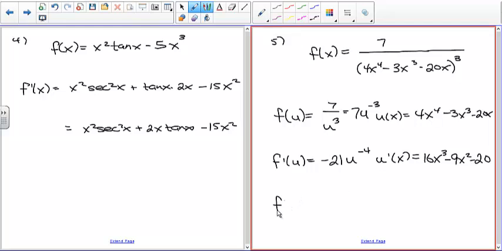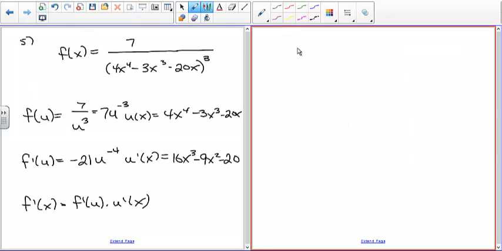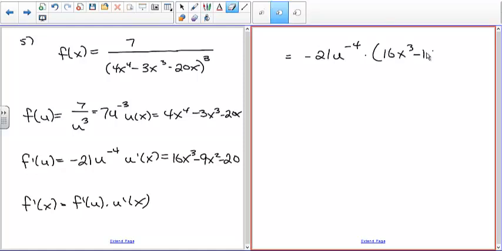So chain rule says f prime of x equals f prime of u times u prime of x. So we'll get negative 21u to the minus 4 times 16x cubed minus 9x squared minus 20, close parenthesis.